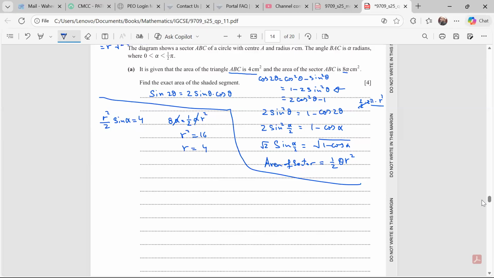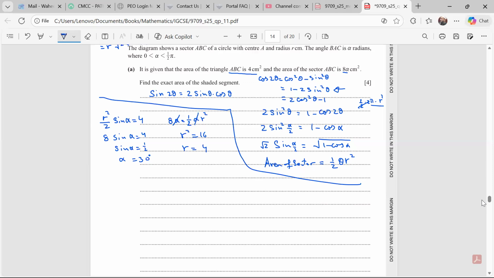Very good. Here r square means 16 by 2 is 8. 8 sine alpha is equal to 4. So sine alpha is equal to 4 by 8 means 1 by 2. So alpha is equal to 30 degrees.